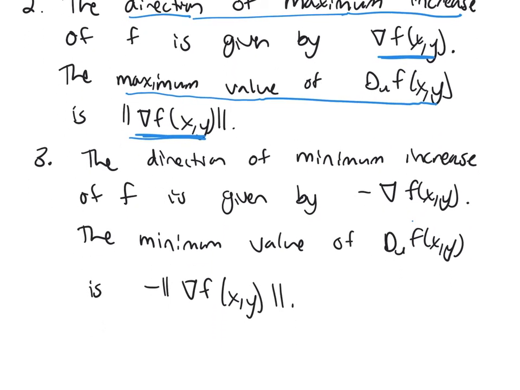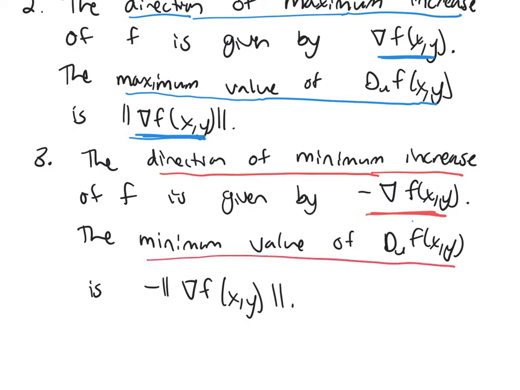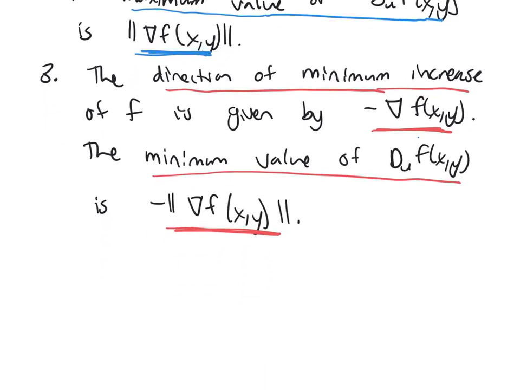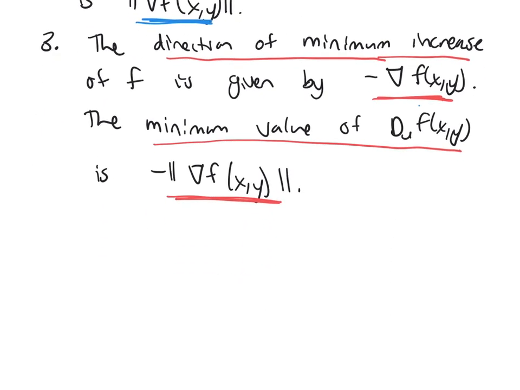And then the direction of minimum increase is given by negative the gradient, the opposite of the gradient. And the minimum value of your directional derivative is negative times the magnitude of the gradient. So let's put these properties to use and look at an example now.